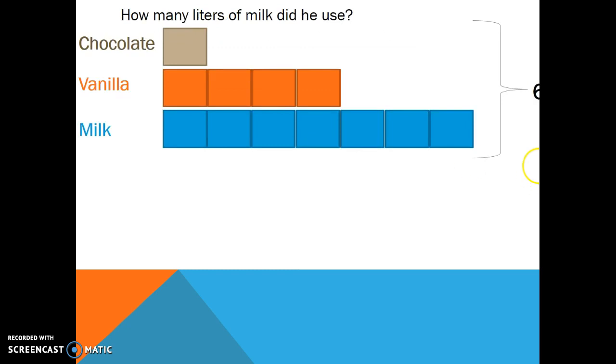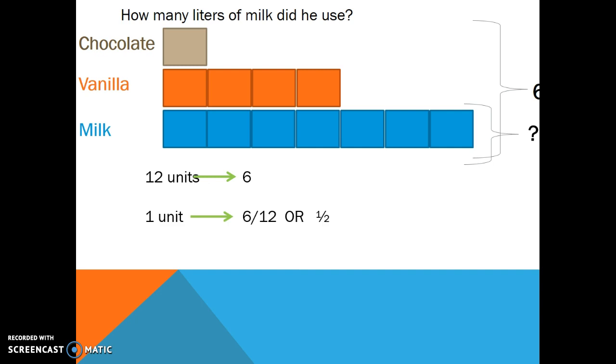And I think it looks like my 6 liters is getting cut off on my screen, but hopefully you guys mark that on your notes that all of the units together equal 6 liters. So let's solve using unitary method. I have 12 units all together, so that equals 6 liters. 1 unit is going to be 6 divided by 12.